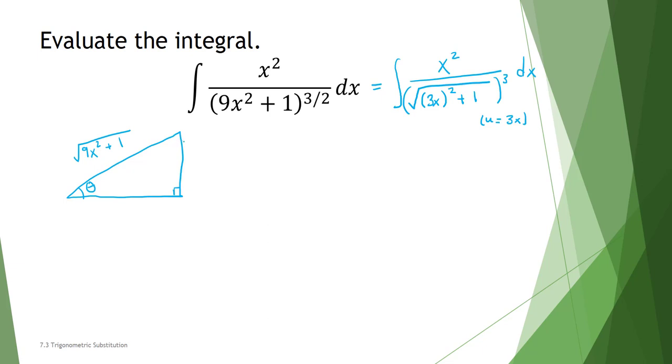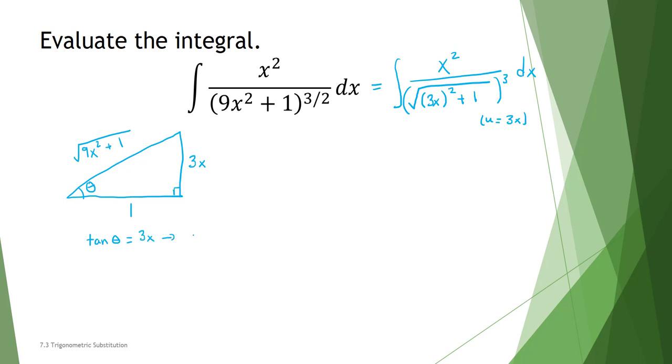We're going to put the variable portion, the 3x, on the opposite side, and the constant 1 on the adjacent side. Then we can read off that tangent of theta is opposite over adjacent, so 3x over 1.